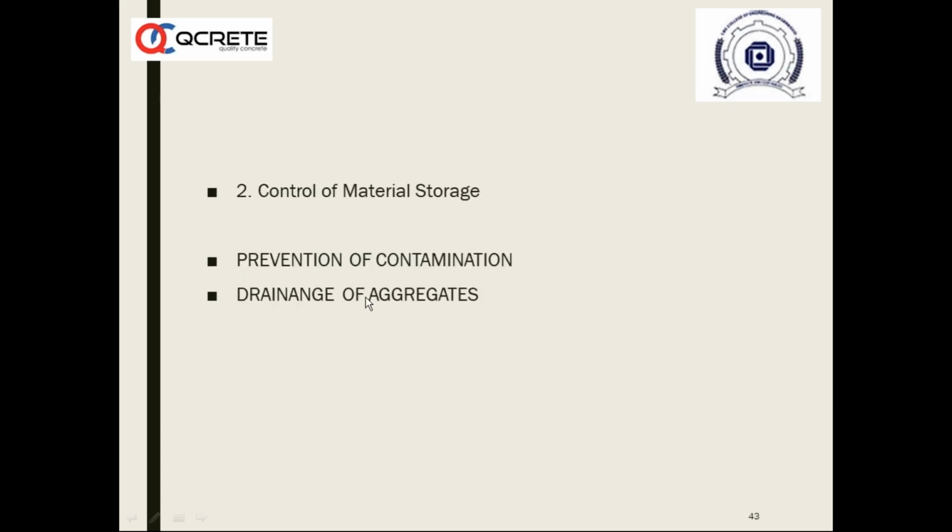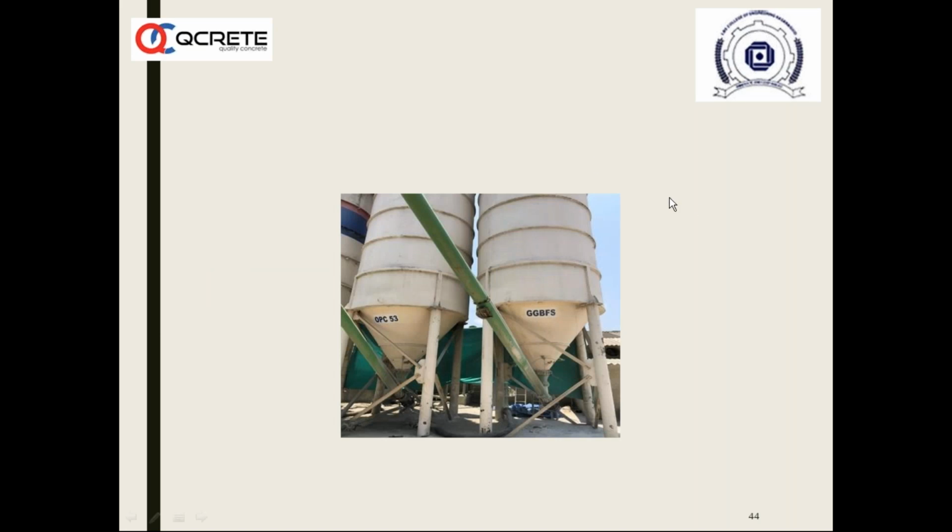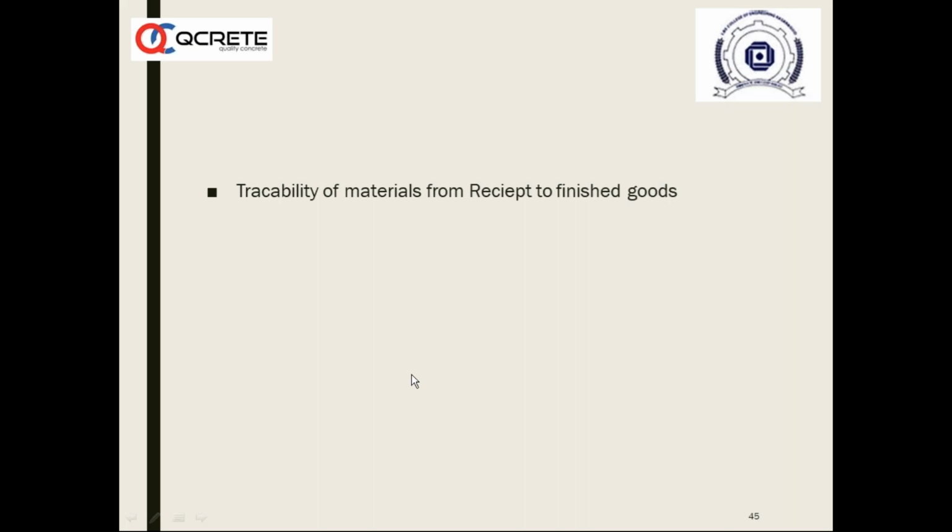Prevention of contamination means there should not be contamination happening between the materials. Drainage of aggregate should take place. The materials have to be stored separately. For example, one silo for OPC53, one silo for GGBS, another silo probably for fly ash, things like that. Traceability of materials: for example, you have done concrete.